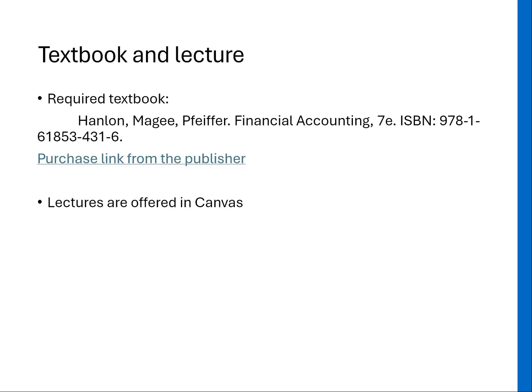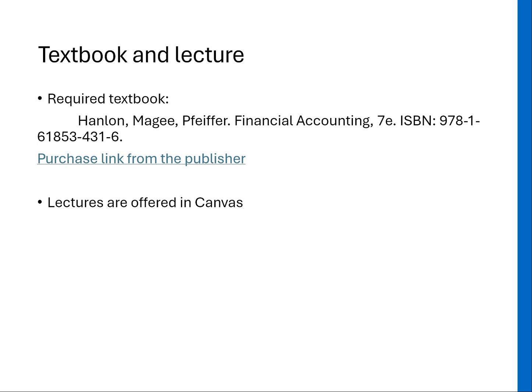Right, back to this course. Textbook: we're using Financial Accounting by Hanlon et al., 7th edition. The publisher sent me this purchase link, and you can click and make the purchase.